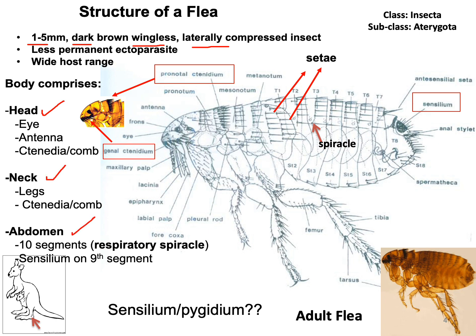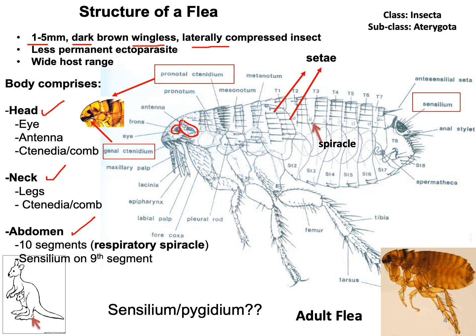On the head region, the first organ is the eye. The eye is not a compound eye. This is a very simple eye. Sometimes instead of the eye, there is a spot which is called a photosensitive spot. Next to the eye, there is a very tiny antenna, three segmented, located on the antennal fossa.